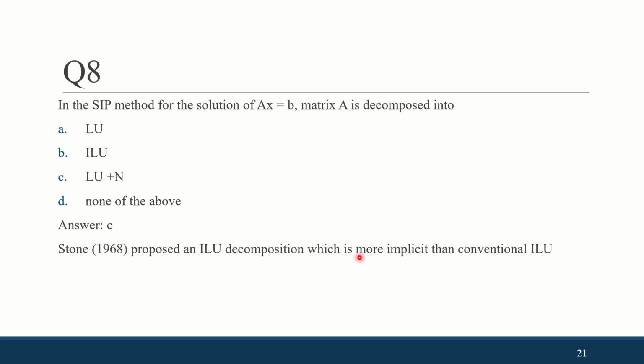It is the modified ILU decomposition method, and this modification is given in the form of LU plus N. This LU plus N is more implicit than the conventional ILU, but the LU decomposition matrix is the most implicit one, followed by LU plus N, which is more implicit than the ILU decomposition. So the least implicit one is the ILU decomposition.